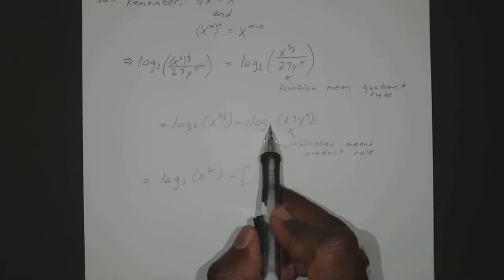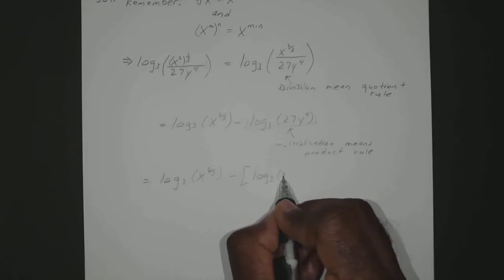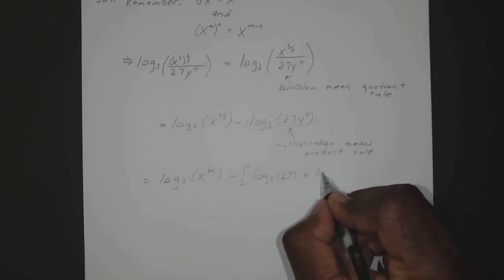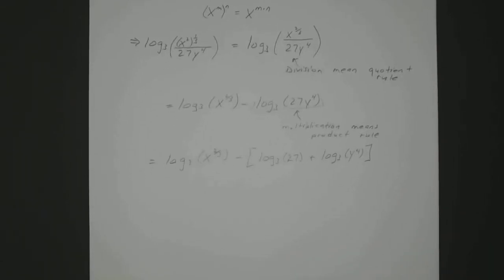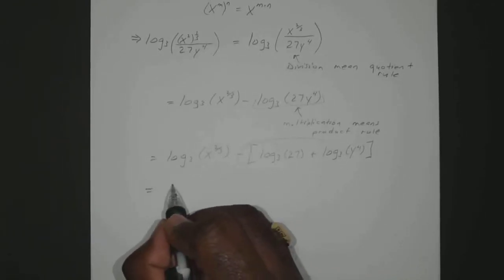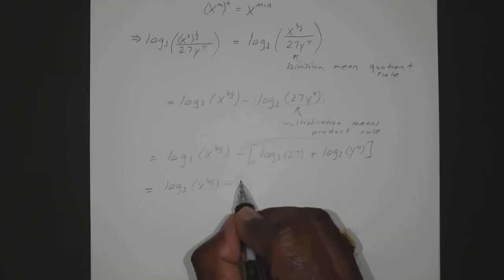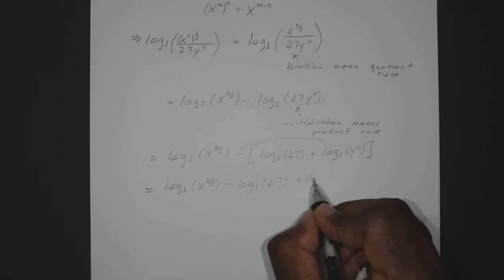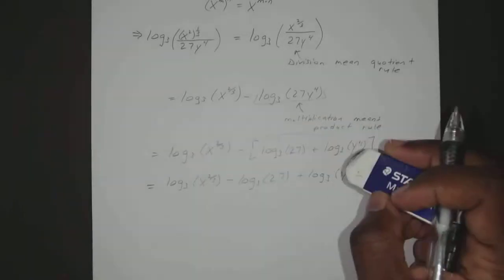Minus, you have log base 3 of 27 plus log base 3 of y to the fourth. Again, if we distribute that negative, that would give us log base 3 of x to the 2/3 power minus log base 3 of 27 minus log base 3 of y to the fourth.